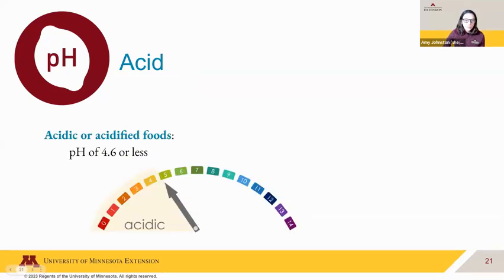Acidic or acidified foods have a pH of 4.6 or less. An acidified food is a food that by itself may not have a pH of 4.6 or less, so ingredients with a lower pH are added to it. An example of an acidified food is pickled vegetables.